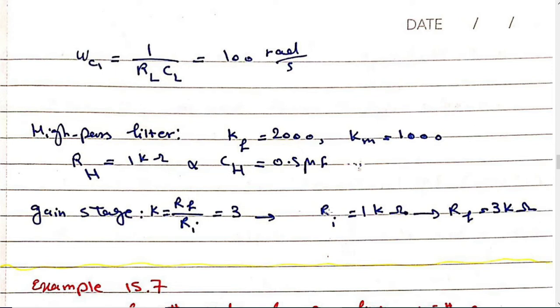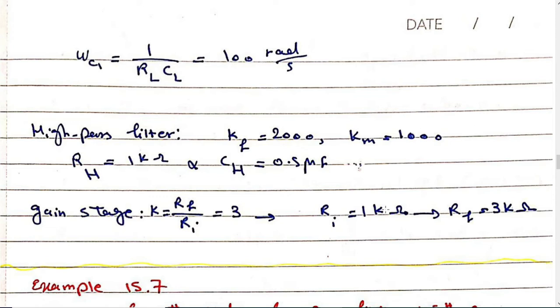If RI is 1 kilo ohm, from here you can calculate RF, which is 3 kilo ohm. You use the gain to calculate the values for RF or RI. In exam, on quiz or midterm, I will give you the value for RI. Let it be RI 1 kilo ohm. So RF will be 3 kilo ohm.